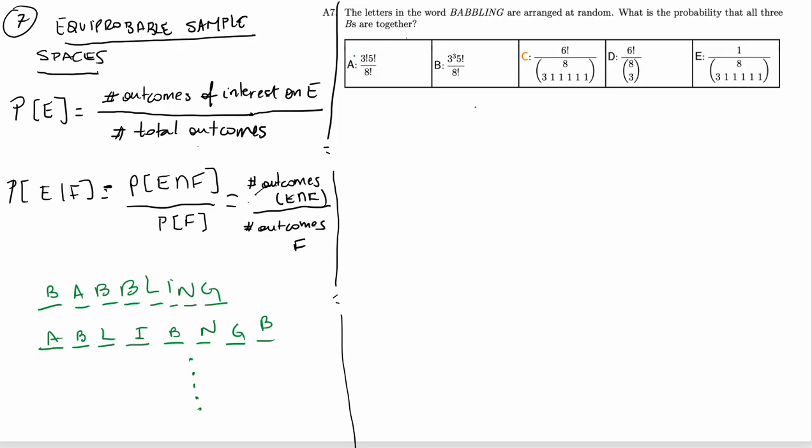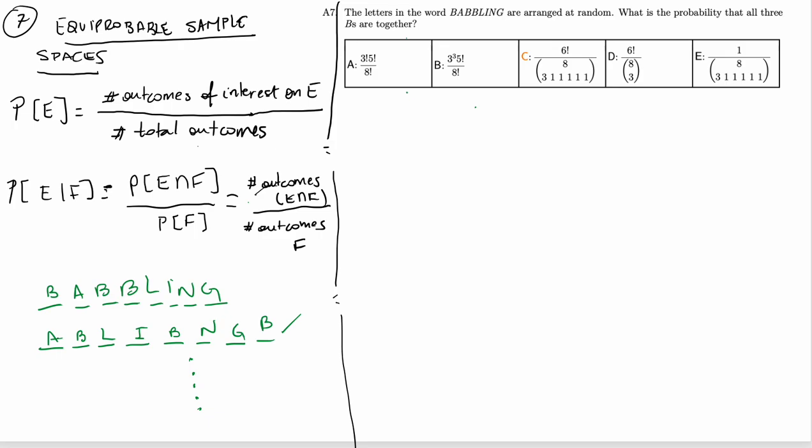So you read again to see if there's any bias or unfairness. No, meaning that the probability of having this arrangement is equal to any other arrangement, right? So you don't have anything that's biased. So this is an equiprobable sample space, and you're asked to calculate a probability.